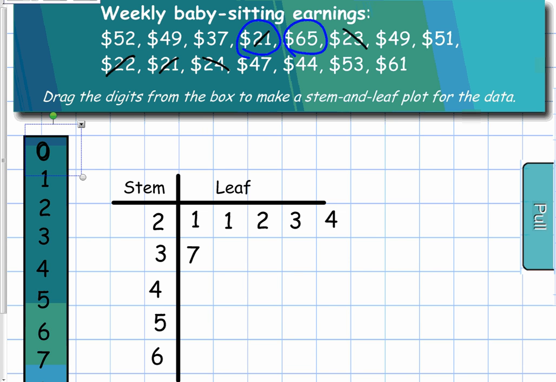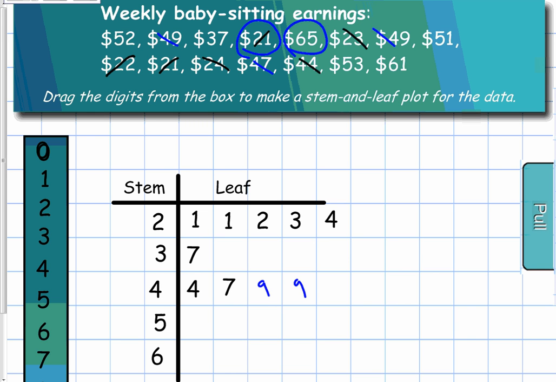Then jump to 4s. For the 4s, it looks like my lowest is a 44. Then I've got 47, 49, 49. Since the 9s aren't letting me grab them, I'm just going to write in 9, 9. So 44, 47, 49, 49.